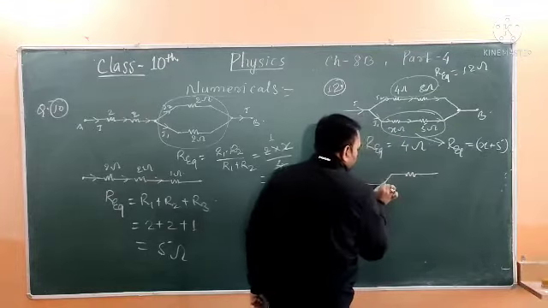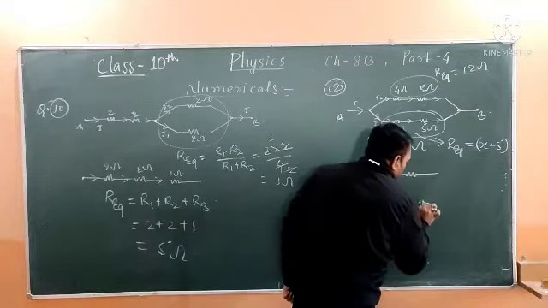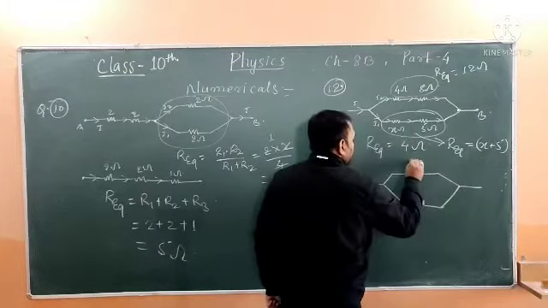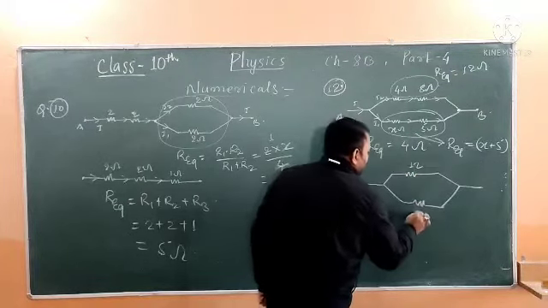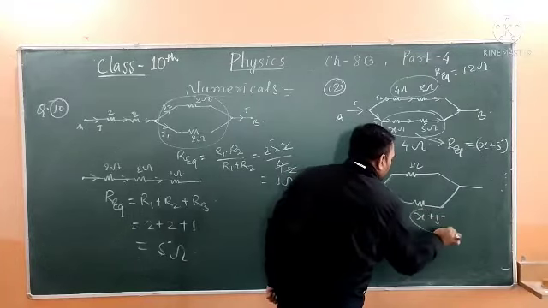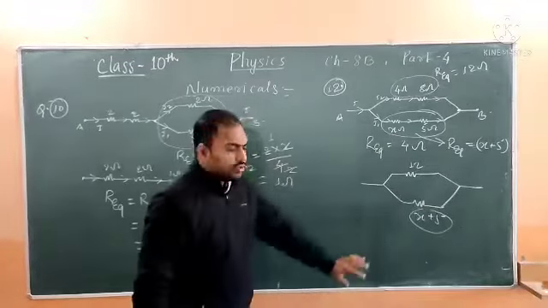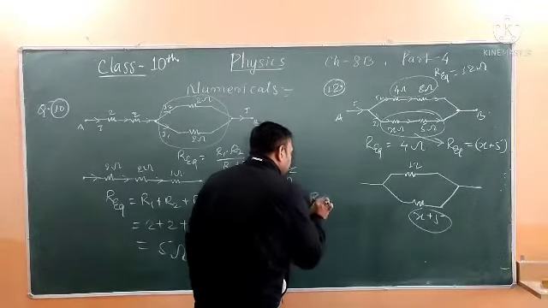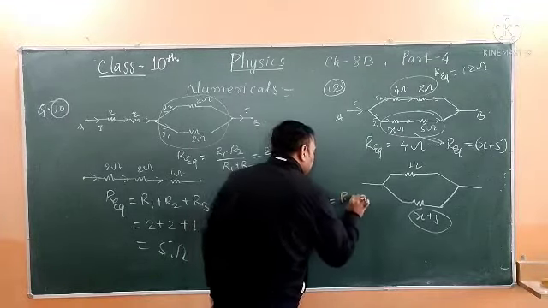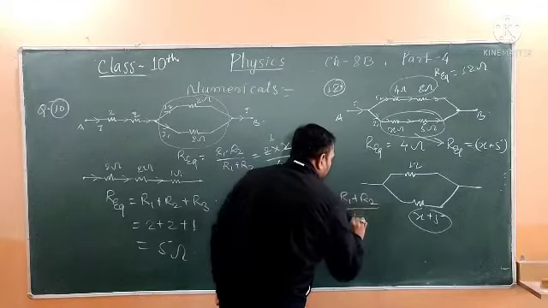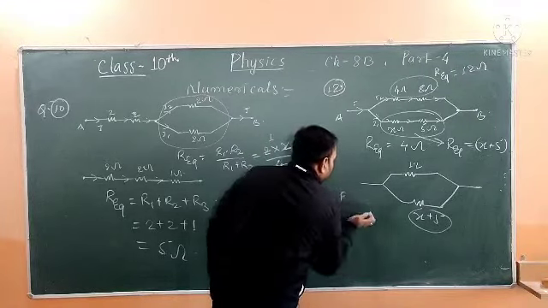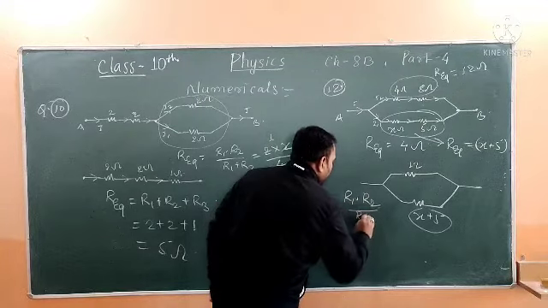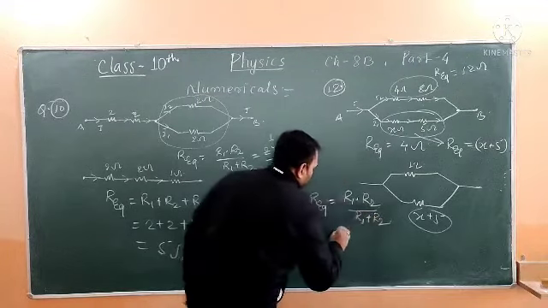There is a single equivalent resistance of 12 ohm, and there is X plus 5. Both are in parallel. So R equivalent in parallel is R1 into R2 divided by R1 plus R2. What will you find?